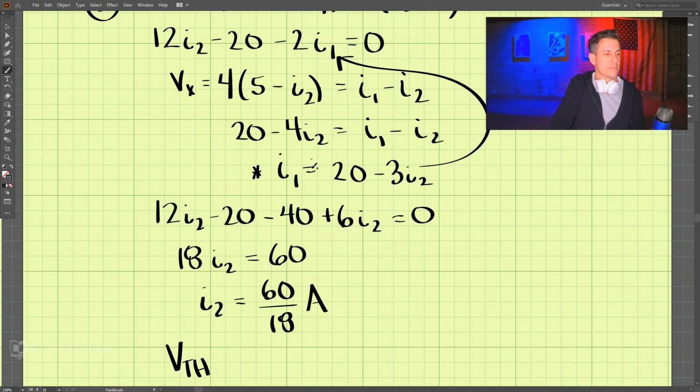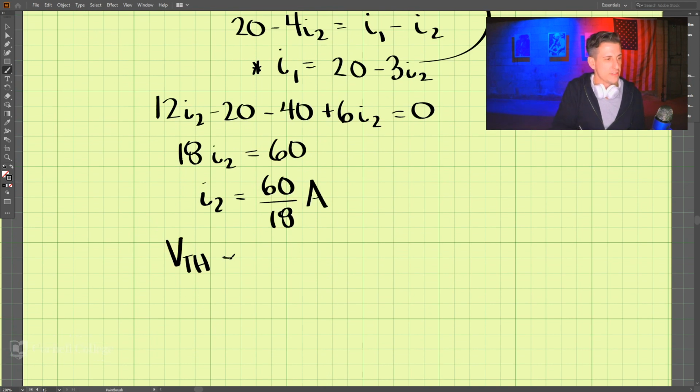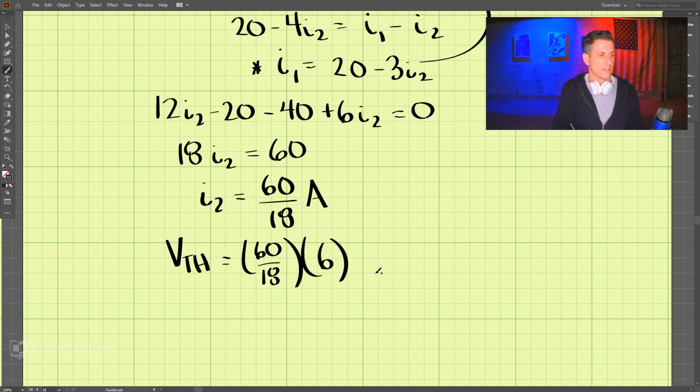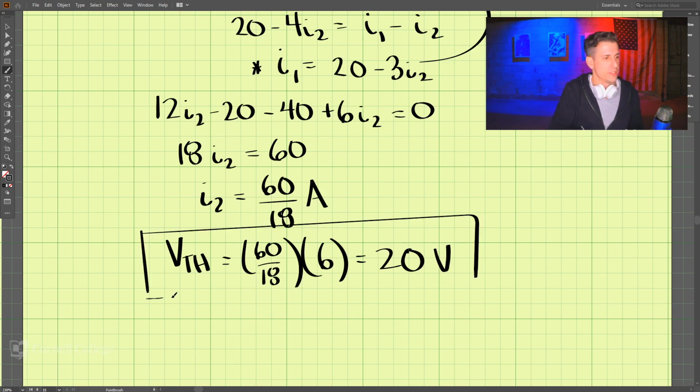So I2 times 6 is 60 divided by 18 times 6. And I need a calculator for this. That is 20 volts. So that is our Thevenin voltage here.